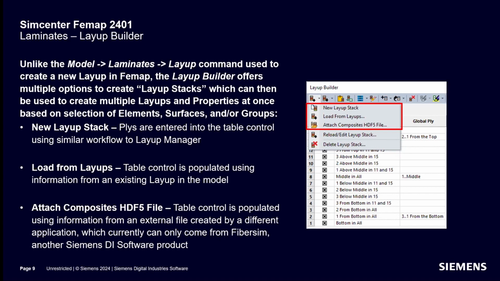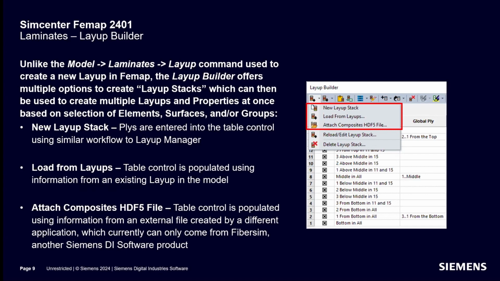So basically you have a couple of options. You can make a new layup stack. You can create a layup stack from an existing layup, or we can attach to a composites HDF5 file. And currently the HDF5 file that we connect to is from Fibersim, another Siemens Digital Industries Software product. But it actually works with a number of other CAD systems as well.